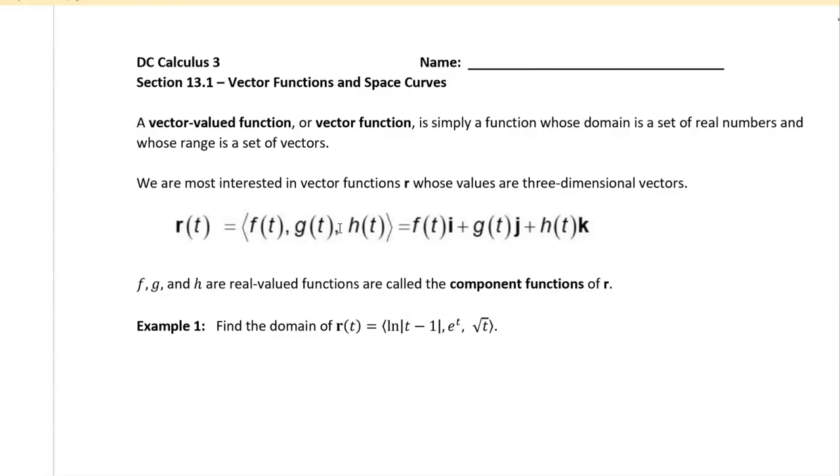Chapter 13. So, we're going to be moving on from the basics of three-space to vector functions. If you think about our lines from last chapter and how we defined them, think about the vector equation of a line.